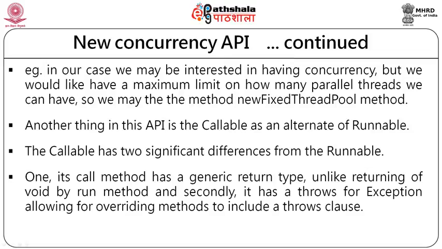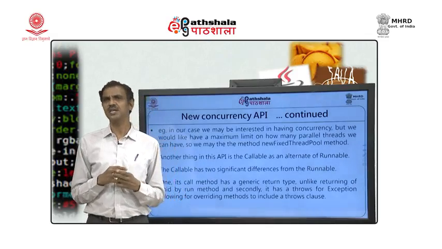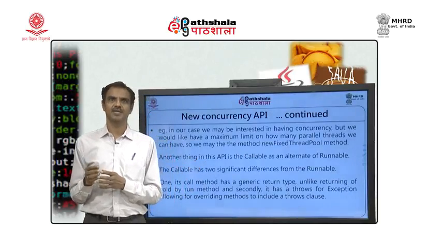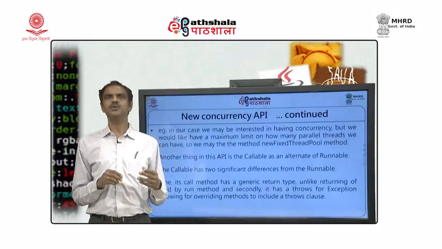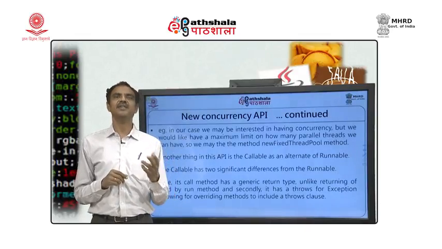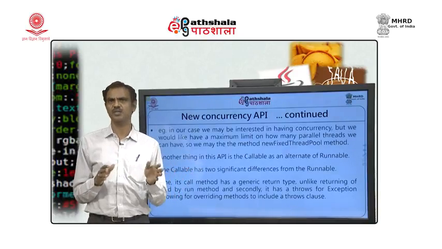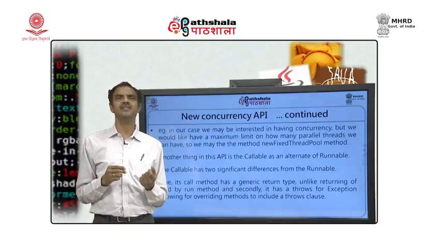Another typical thing in this API which was added is the callable interface. This callable interface has two significant differences from the typical runnable interface which we used earlier. One difference is that it uses a generic return type. In this callable interface, we have the call method instead of the run method, but the call method has a generic return type.